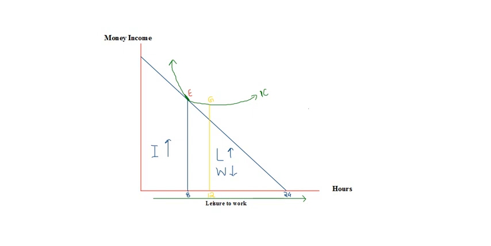However, as we move from E to G, we are moving from 8 hours of leisure to 12 hours of leisure. So as we move from left to right on the indifference curve, it implies that a person is preferring more leisure over work, and is also indifferent between the incomes earned at these points.